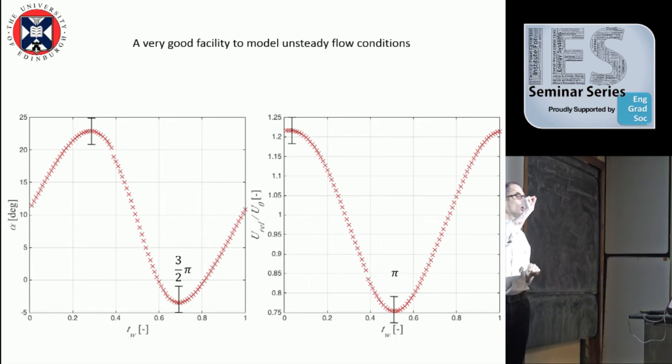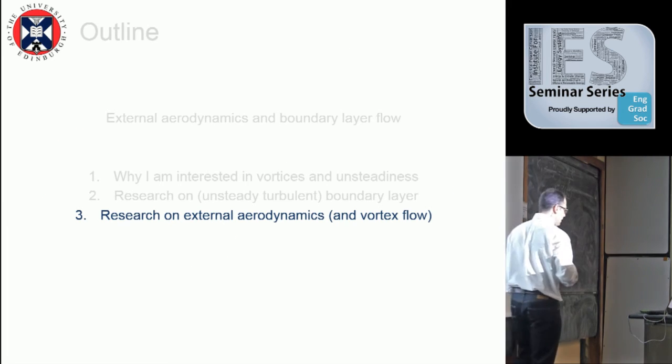If you stay and measure the velocity and the angle of attack at one point in the middle of your channel, the flow will come, say, from left to right, but it's not just going straight. Because of these vortices, it keeps changing direction, so the angle of attack will increase and decrease periodically, and the velocity will increase and decrease periodically. These two curves represent the variation of the angle of attack and the variation of the velocity of the flow in one wave period.